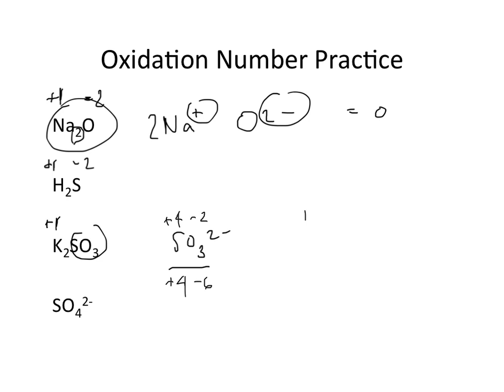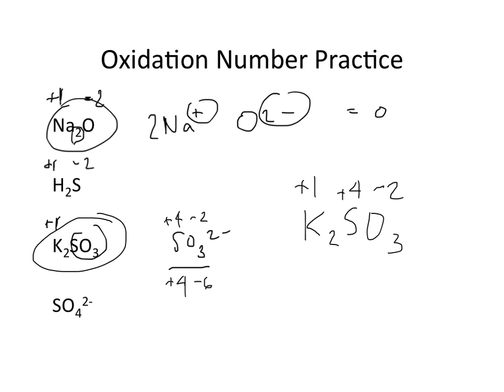So if I bring this back to the original molecule, I have a +1, I have a +4, and I have a -2. And if I look at this with respect to the overall charge, if I look at the K2SO3 molecule, I notice that there's no charge there.